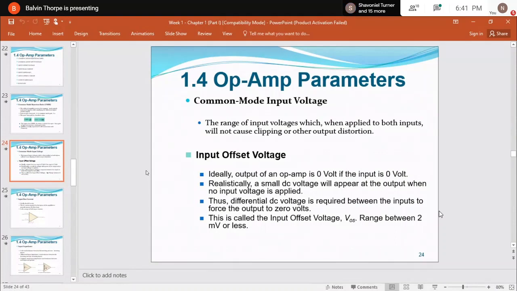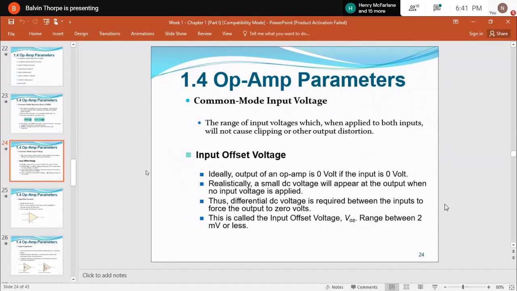Do you understand? Sir, go again. Okay. So we established already that if we have no voltage at the input, ideally we should have no voltage at the output. But that is not what is happening in reality.